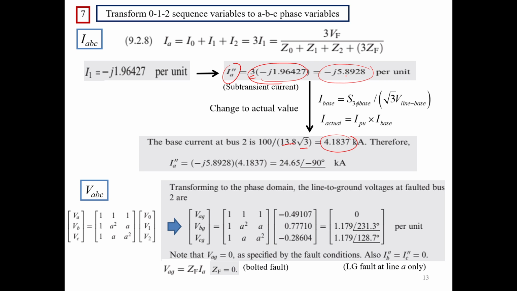The fault current is about 5.89 times this, which is 24.65 kiloamps at an angle of negative 90 degrees.